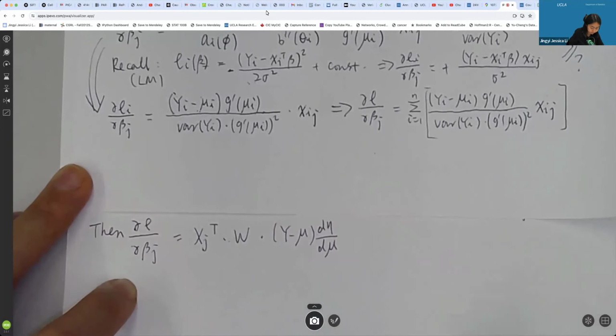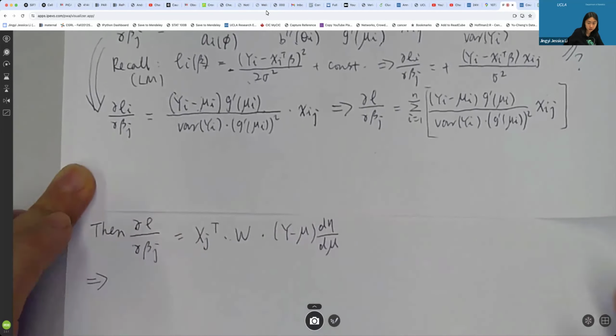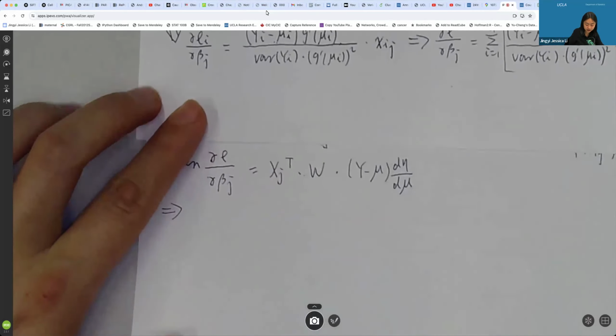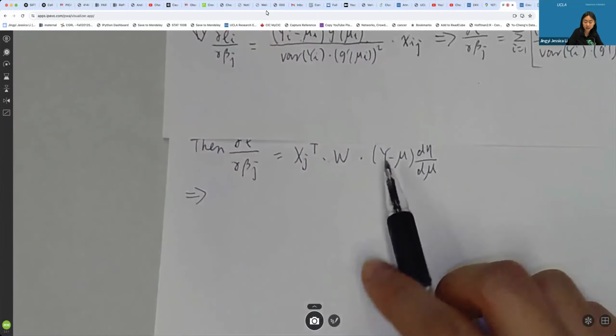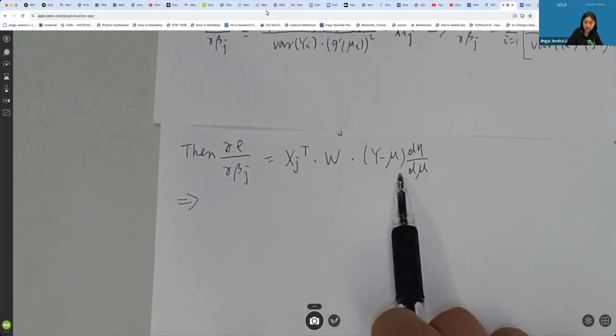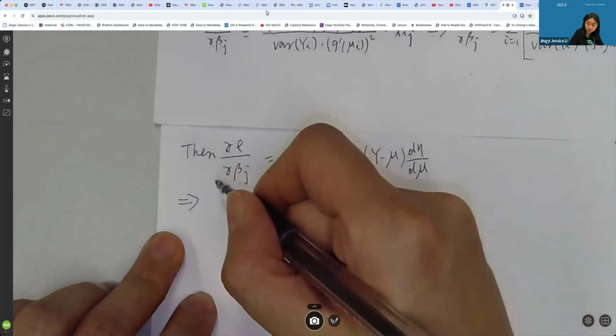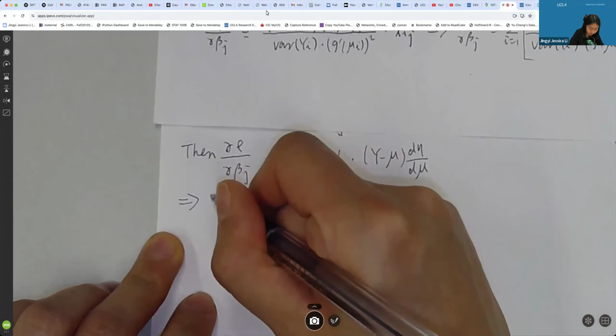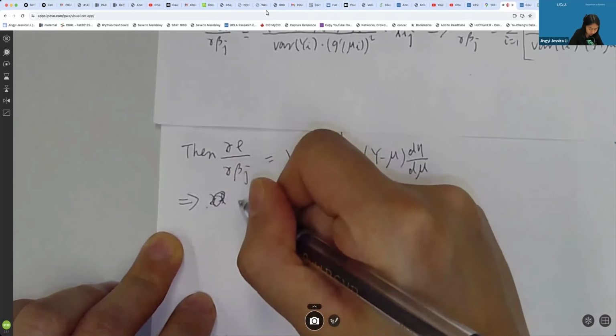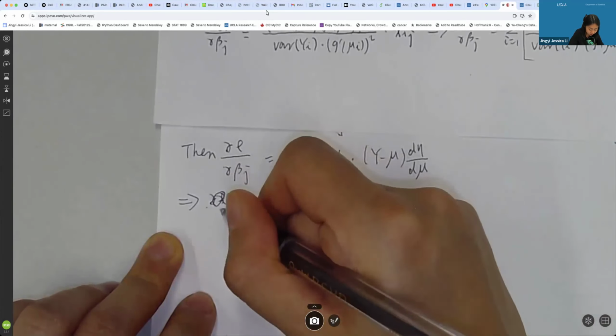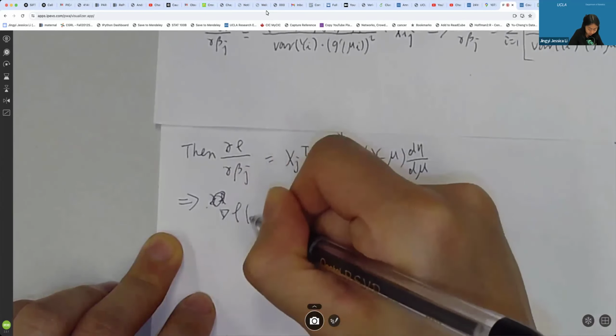So finally, let me assume that you accept this form already. If not, we can go back and revisit the details. But let's say we start from here. Then for the vector form, partial L, or I will just say gradient L at beta.